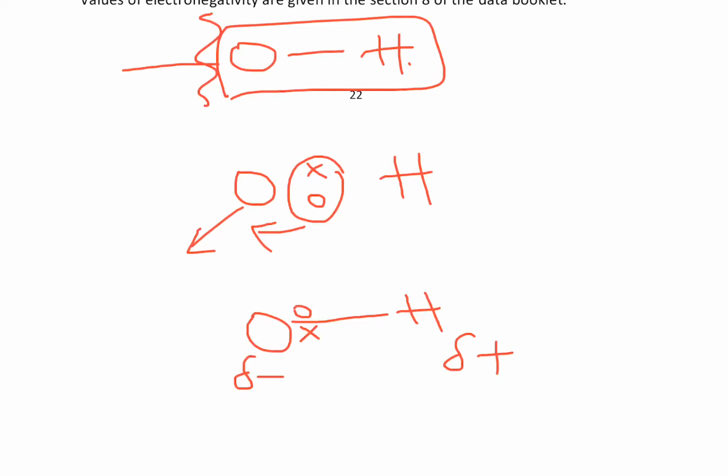It looks like the hydrogen is electron deficient and the oxygen has an excess of negative charge, because all the electrons are attracted towards this atom here. So oxygen has a higher electronegativity than hydrogen, which means that it will pull electrons towards it, and if all electrons are pulled towards the oxygen, it gets a delta minus.